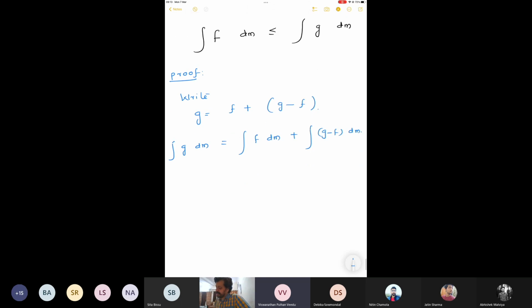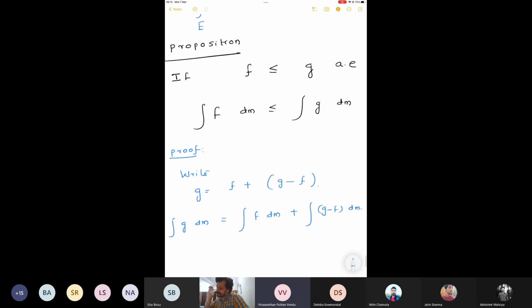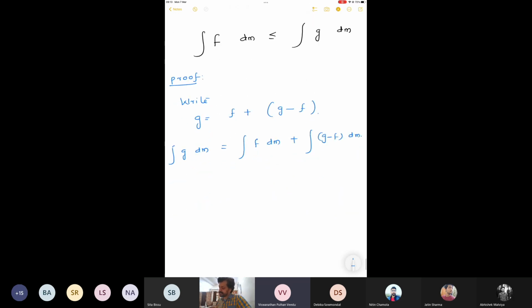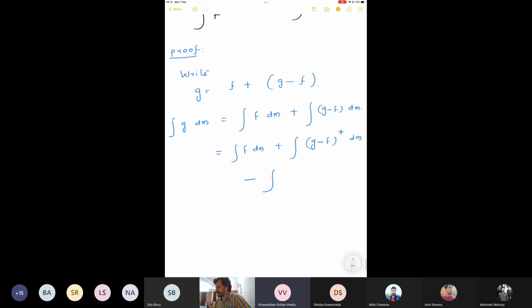Now, g minus f is greater than or equal to 0 almost everywhere, but let us not use that. I will decompose g minus f into two parts. By definition, this is the integral over f dm plus the integral of (g minus f) plus dm minus the integral of (g minus f) minus dm.